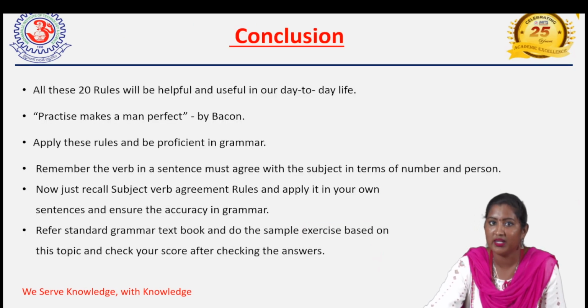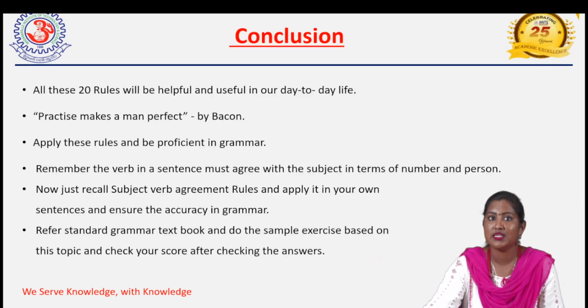So we'll go ahead with the conclusion. All these 20 rules will be highly helpful and useful in our day-to-day life. Practice makes a man perfect, says Bacon. If we work on all these strategies and apply the rules in reality, definitely we'll become masters and excellent in commanding the English language. Apply these rules to be proficient in grammar.